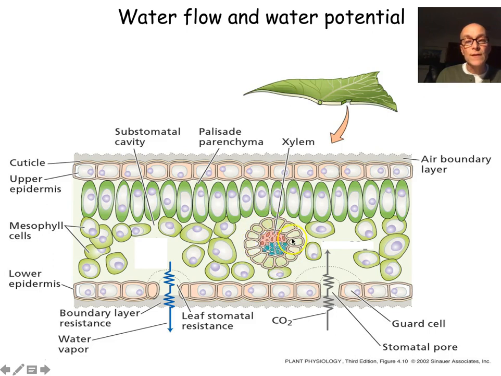So this is the vascular tissue here, vascular bundle, lower epidermis. Here are stomata, so these are the openings in the leaf through which the water can evaporate out, transpire out, and carbon dioxide can come into the cell. And this part here is the leaf boundary. And so when you have a boundary layer, that creates resistance for water to transpire.